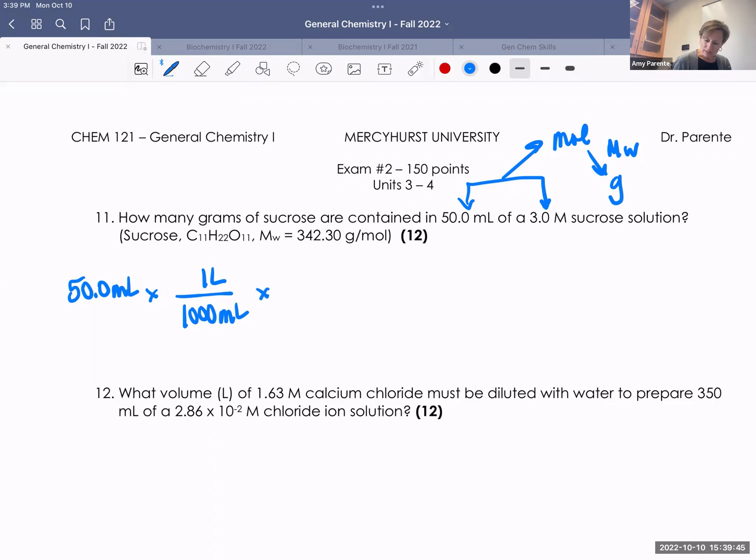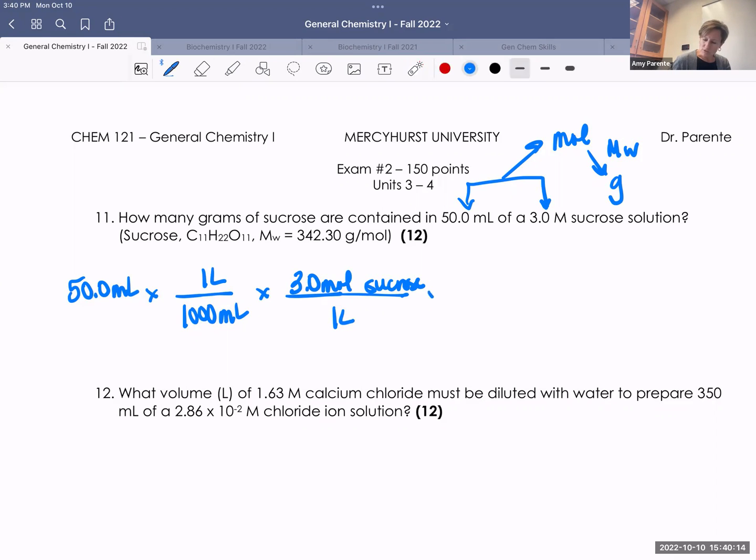So now I can make liters go away and change to moles, because I know that there are 3 moles of sucrose in every 1 liter of my solution. Going through this unit conversion, milliliters goes away, liters goes away. If I stop my calculation here, this would tell me how many moles of sucrose there would be in that solution. But I need to go one more step.